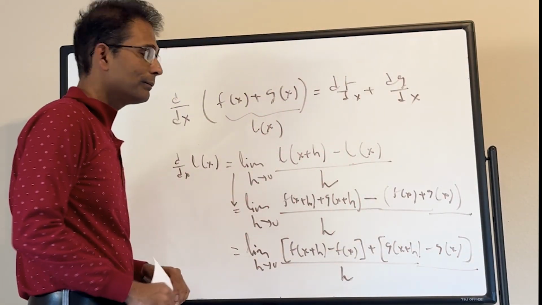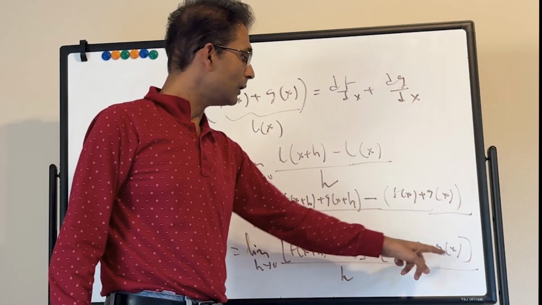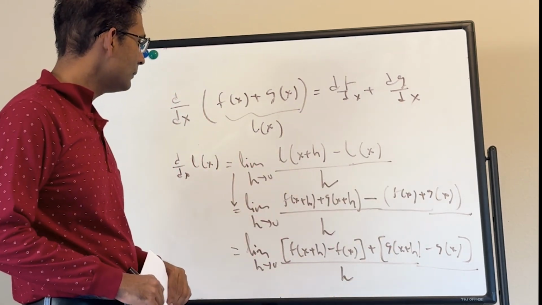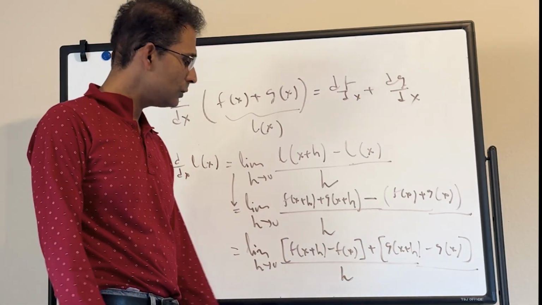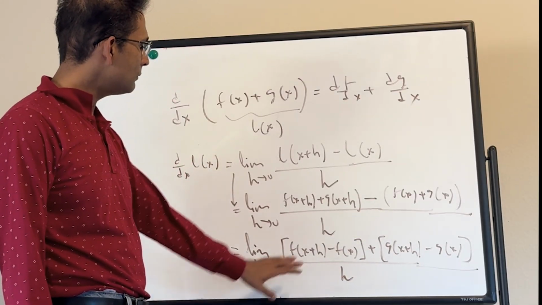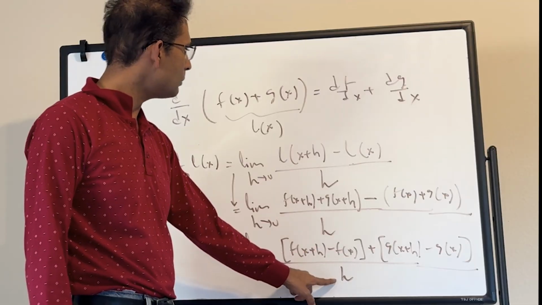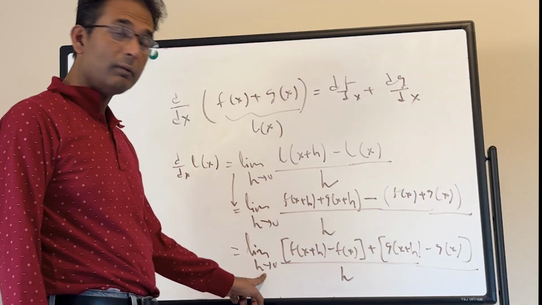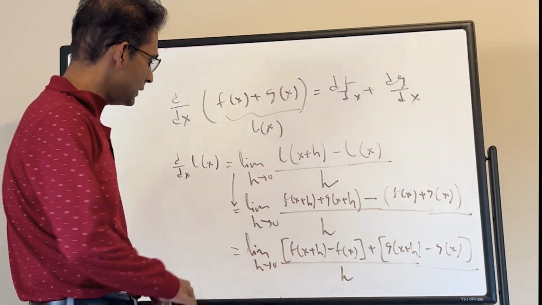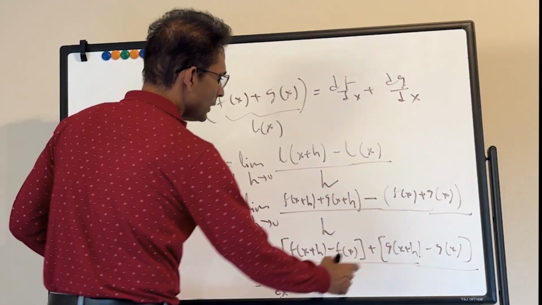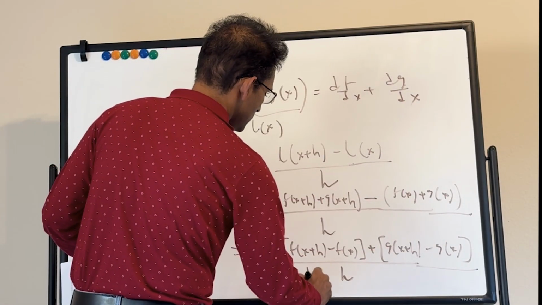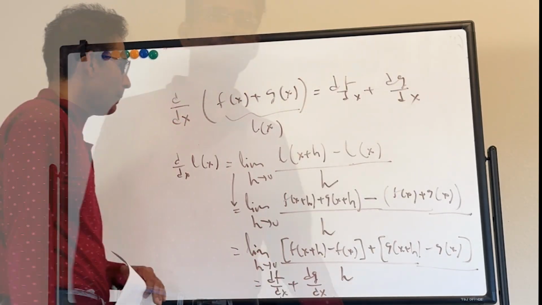You see that? These two are just written side by side. Now you can just distribute the h to these two expressions. And the first expression, divided by h, with limit h goes to 0, is df/dx, and then plus, that expression is going to give you dg/dx.